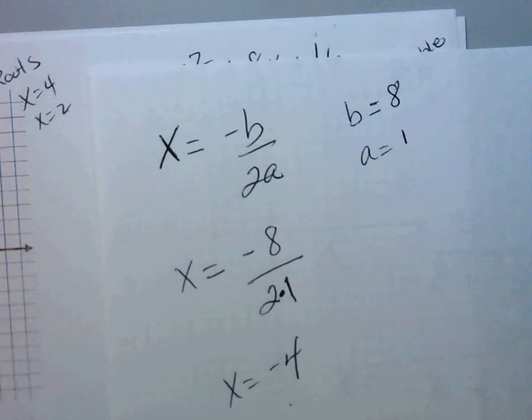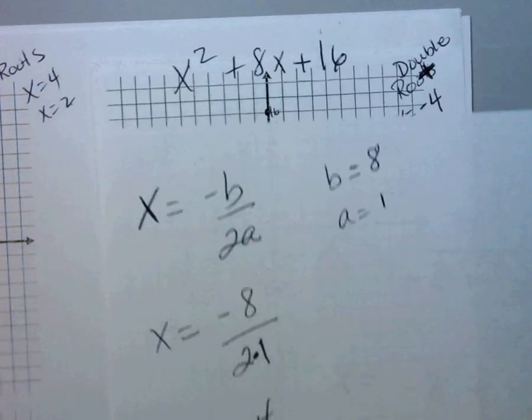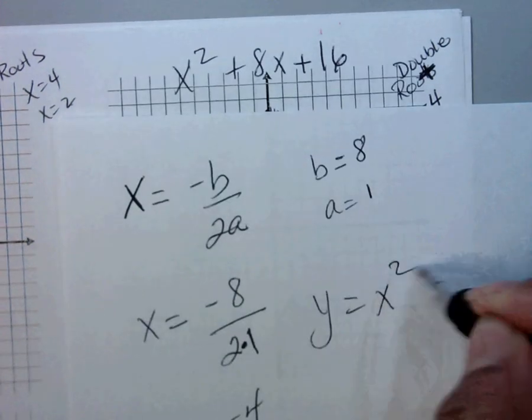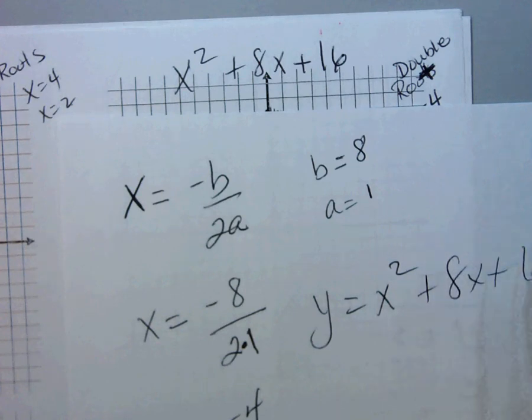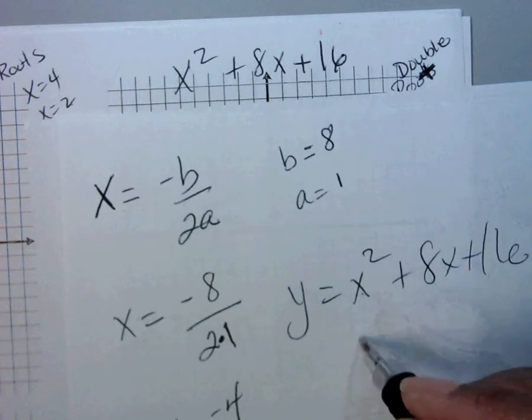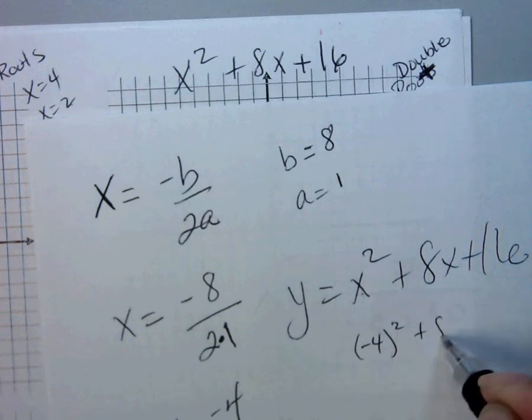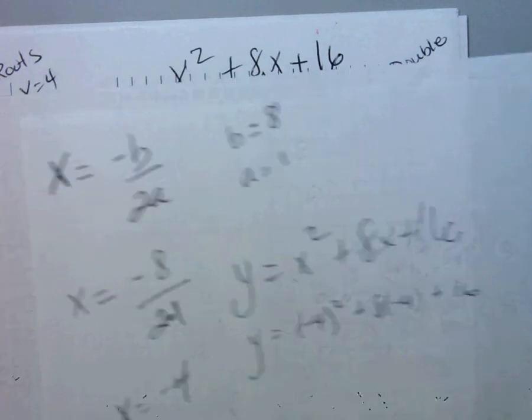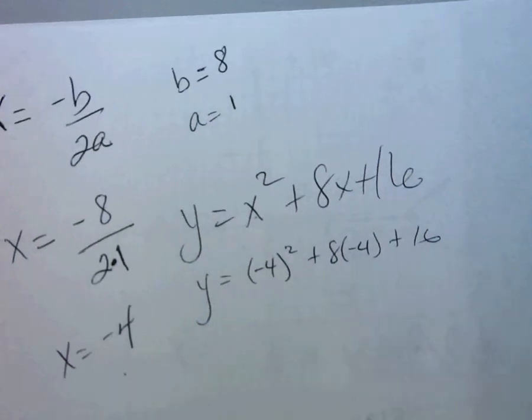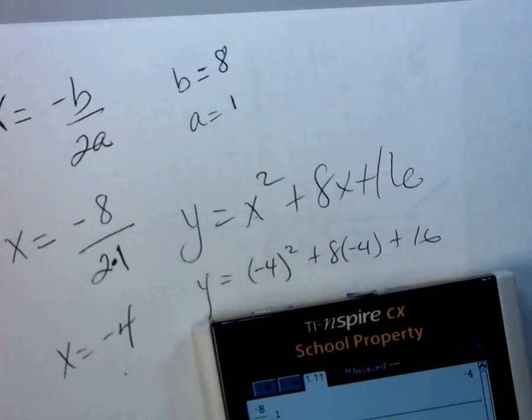Yes. Okay. Now we need to find the y. So we take y equals x squared plus 8x plus 16 and plug in the x. Put it in parentheses. And then we put it in the calculator if you can't do that by hand. So parentheses, negative 4, then squared, plus 8 times negative 4 plus 16.